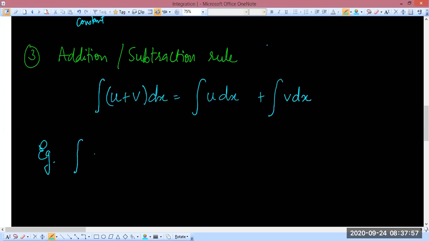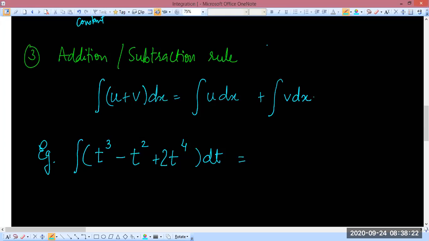So suppose someone would give me integration of t cube minus t squared plus, let's say, t raised to 4. Or let's make it 2t raised to 4. Then what would this be?